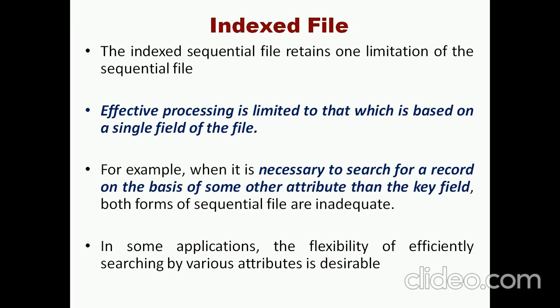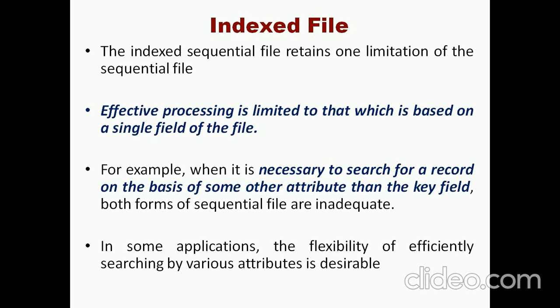So next, the indexed file. Even though the indexed sequential file is the most popular file system, it has one major disadvantage: the first field in the record always acts as the key value. Suppose I want to use multiple key values to search my data; the indexed sequential file doesn't support that concept.